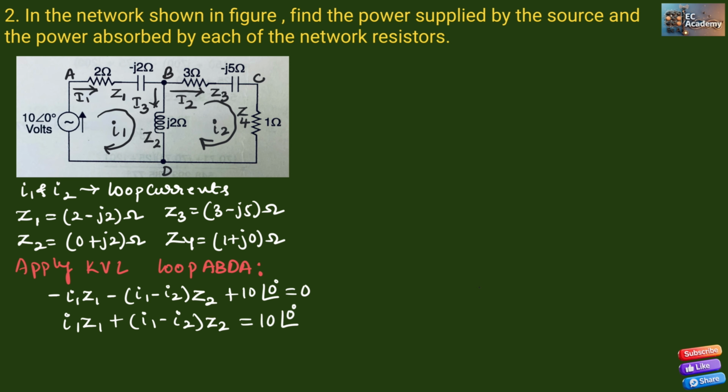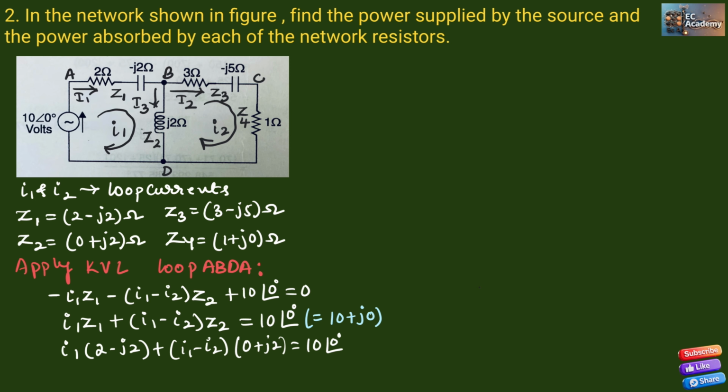This 10 at an angle of 0 degree can be written as 10 plus J0 in rectangular form. This you can remember, that will help us in our calculations. So we can write the above equation as I1 into (2 minus J2), since Z1 is equal to 2 minus J2, plus (I1 minus I2) into (0 plus J2) will be equal to 10 at an angle of 0 degree.